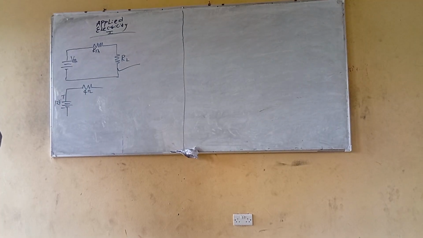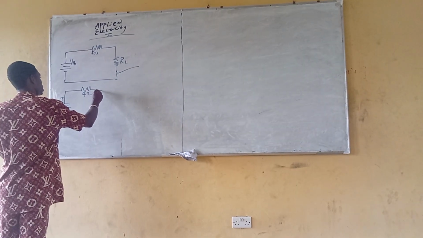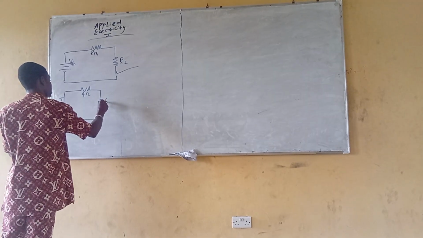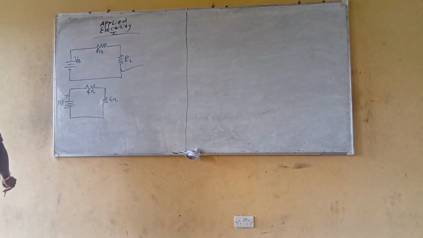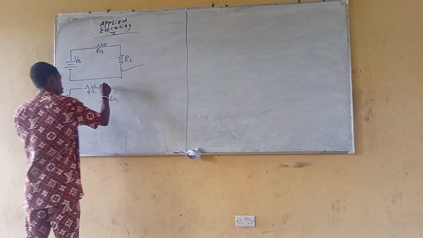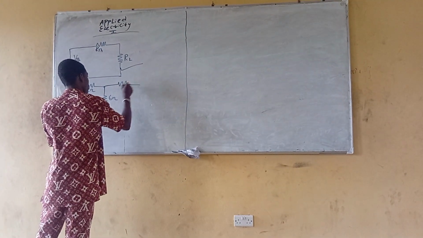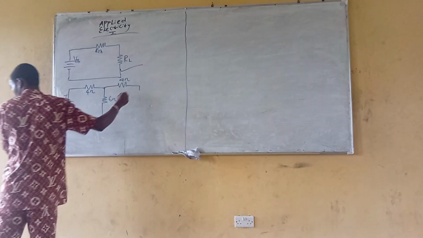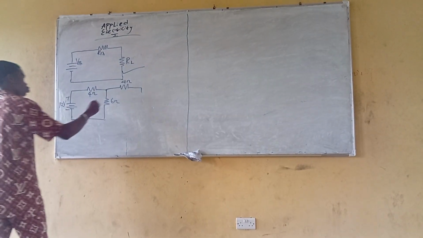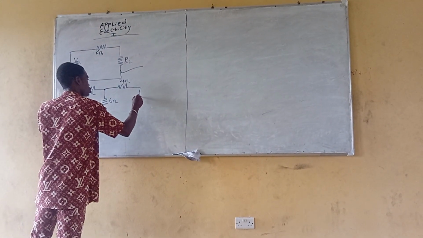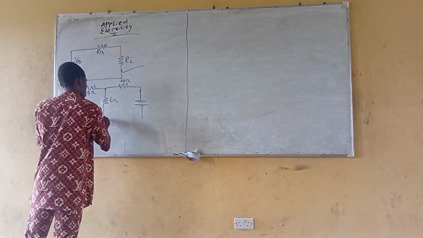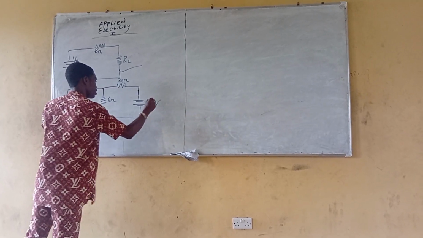Then we have a 6 ohms resistance here. Then we have a 4 ohms resistance here. Then here is a 24 volts voltage source.